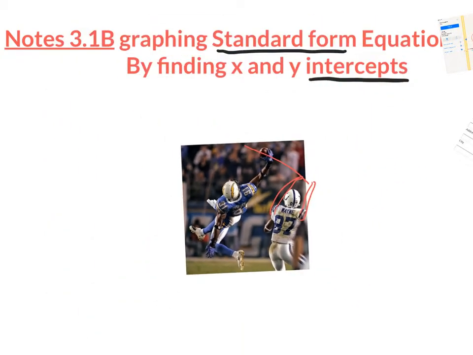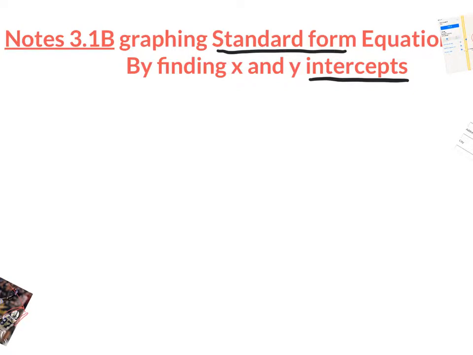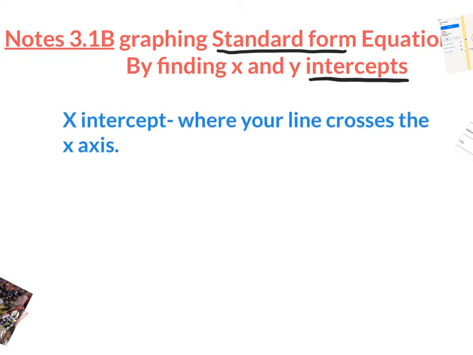So I think that'll give us a better understanding of the word intercept. What is an x-intercept? It's where your graph, where your line will cross the x-axis. So again, x-intercept is where your line crosses the x-axis. Likewise, the y-intercept is where your line crosses the y-axis.